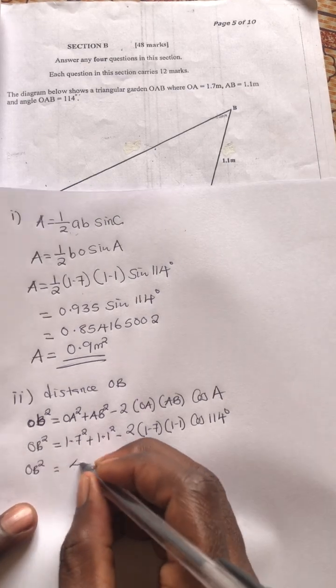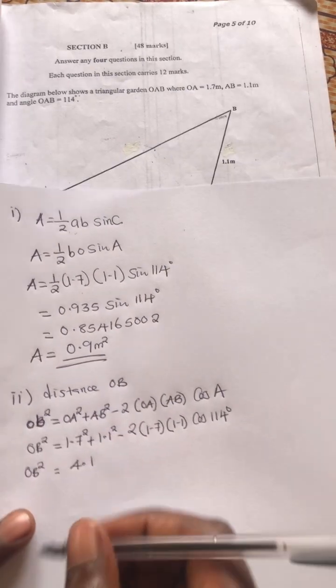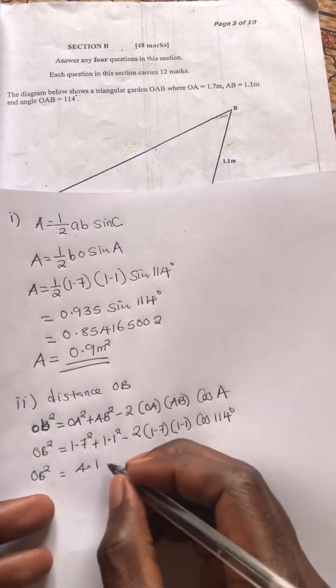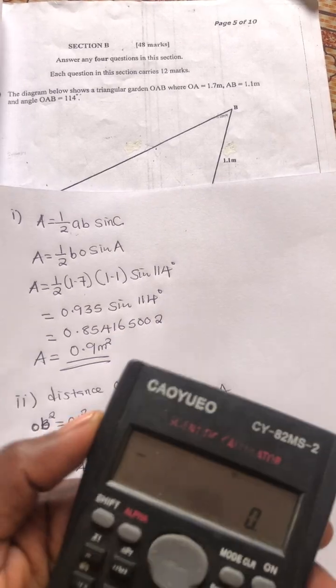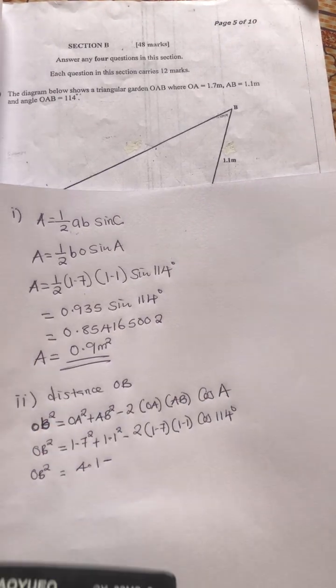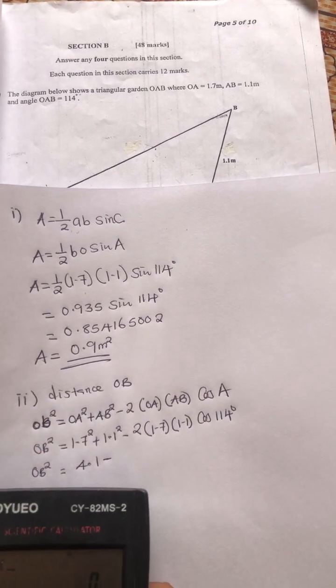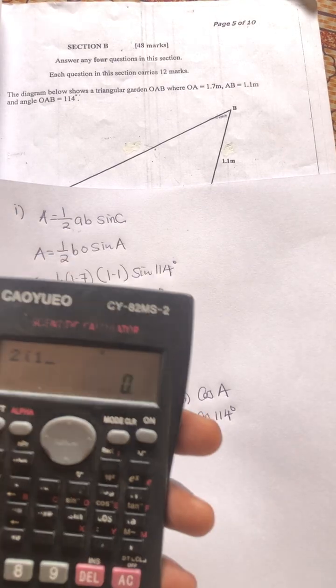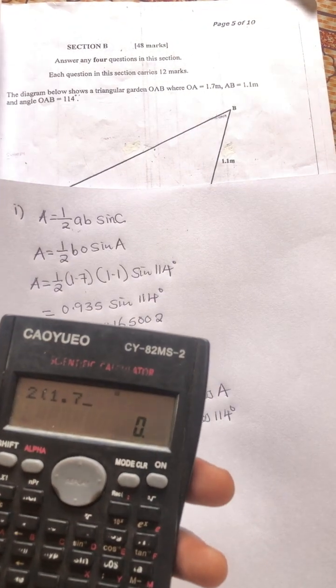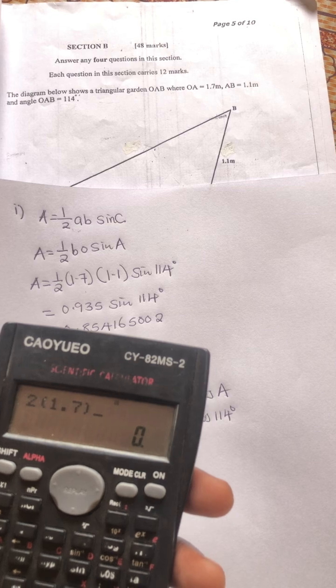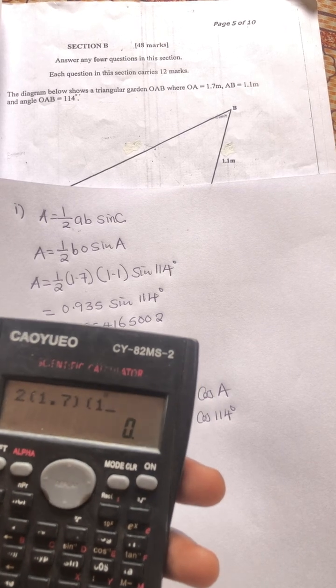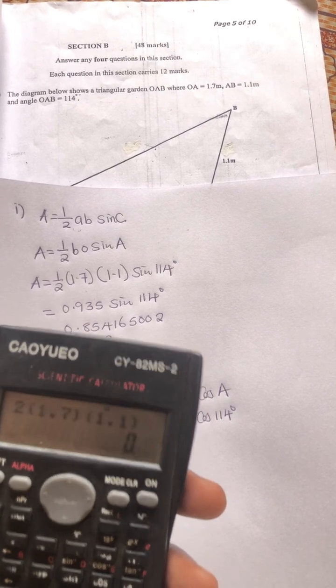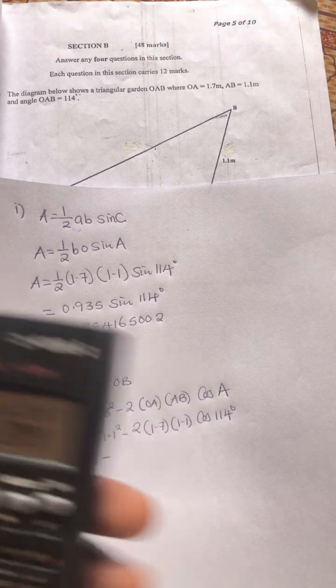Minus, then we can multiply 2 multiplied by 1.7 and 1.1, which is giving us 3.74.